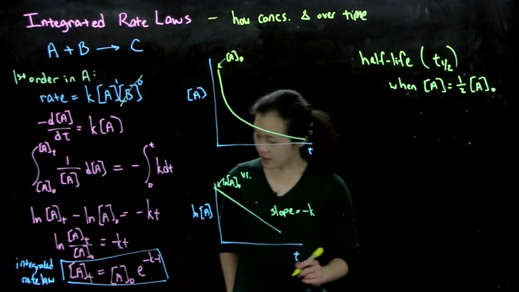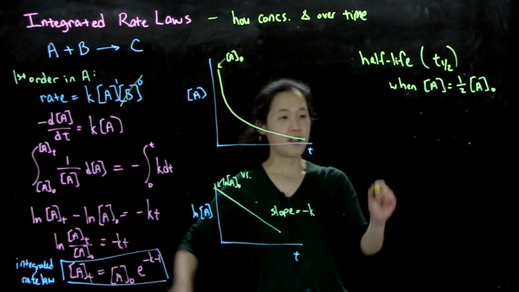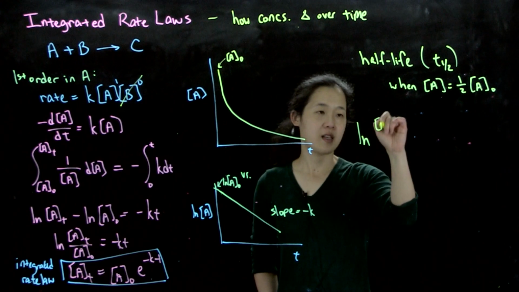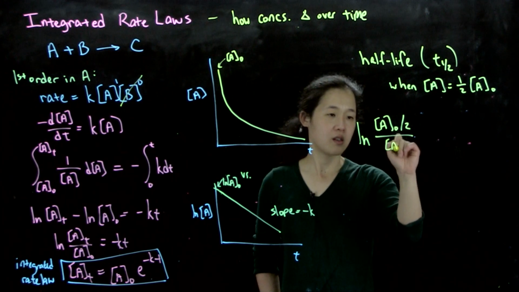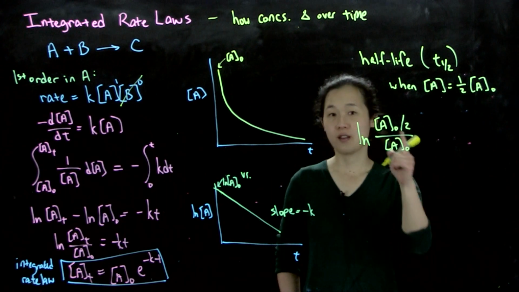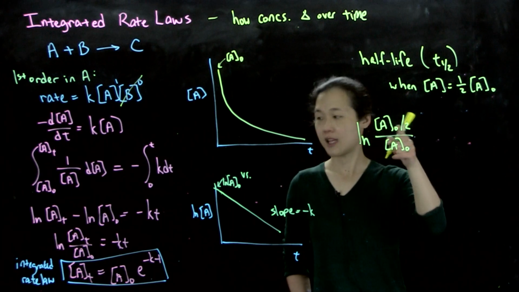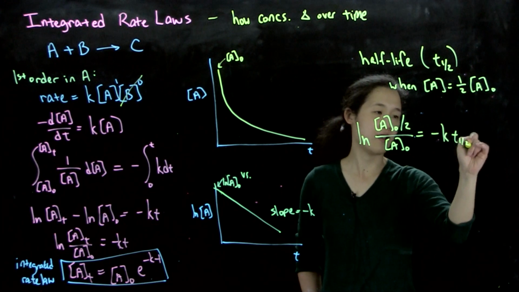So if again we take our log of A0/2, this is at the time when our initial concentration is halved. This equals negative K T1/2.